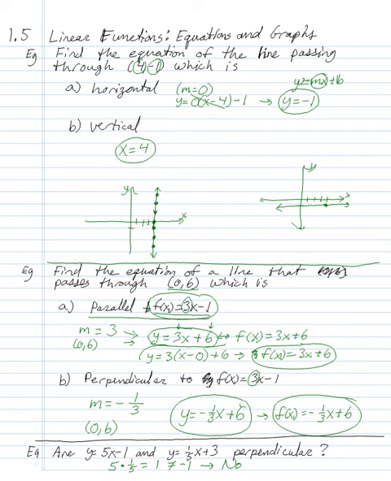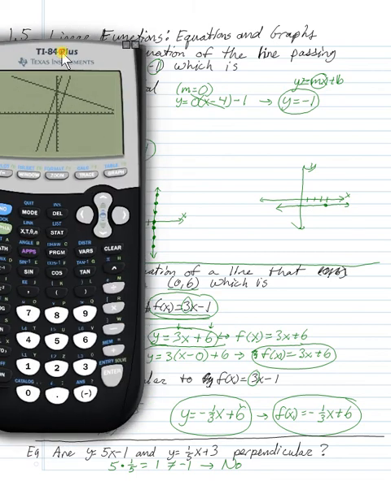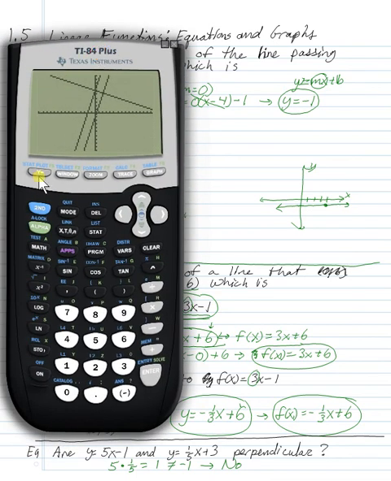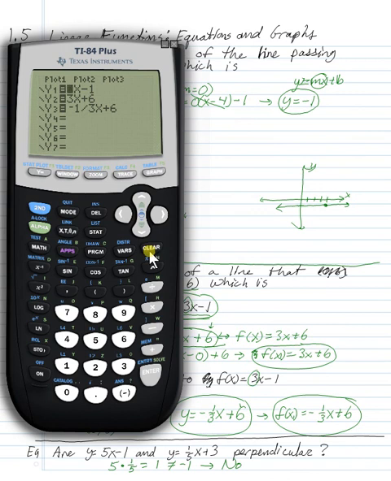So these lines are neither parallel nor perpendicular, and to confirm, I'll throw those both into the calculator with that square zoom and see that indeed they are not even close to either option.